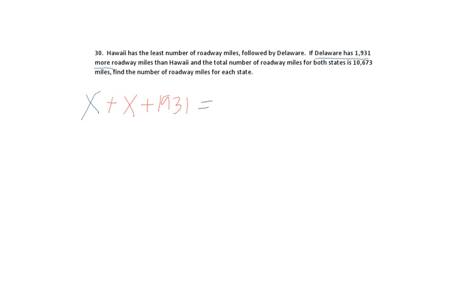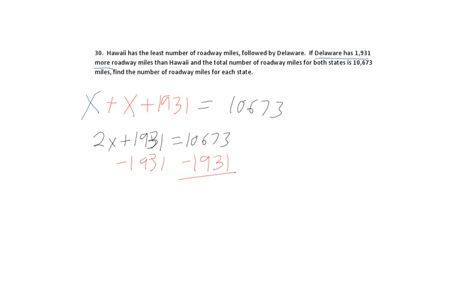And all of this should be 10673. Well, if you do your like terms, that means 2x plus 1931 equals 10,673. Let's solve. Okay, I'll subtract 1931. Wow, okay. That is going to be 8742.